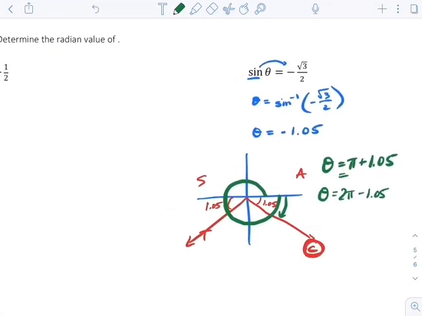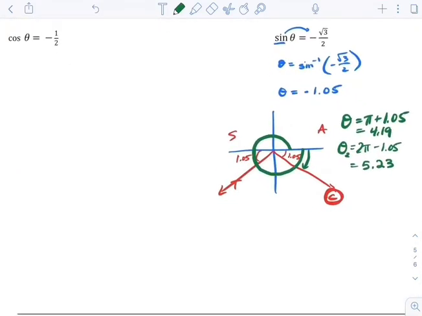But as we solve them here, we're going to get pi plus 1.05. Same as the other one, 4.19. However, this one happens to be in the fourth quadrant for the last one. So it's 2 pi minus 1.05, which gives us 55.23.